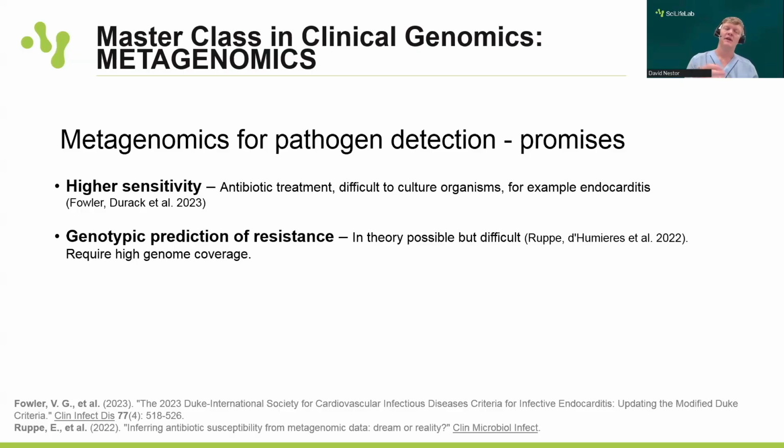We also have the possibility with metagenomics for genotypic prediction of resistance, in that we sequence the genome and we find resistance genes. It is in theory possible, but at the same time difficult, because not everything that is present in the genome is expressed phenotypically in the patient or in the infection situation.